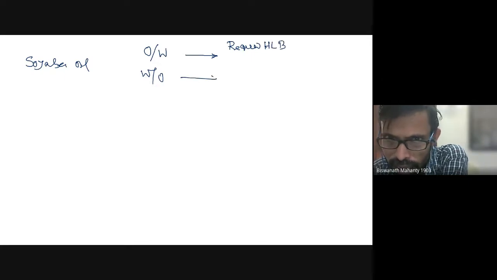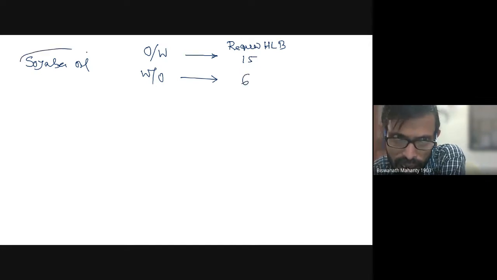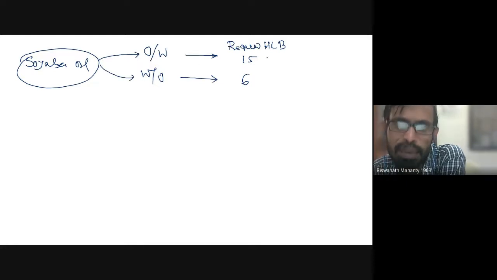For oil in water, we also have a required HLB value. For example, the HLB value here is 15 and here it is 6. What I am telling is that for soybean oil emulsion preparation, if I go for oil in water or water in oil, they have two different HLB requirements. One is 15, another is 6.